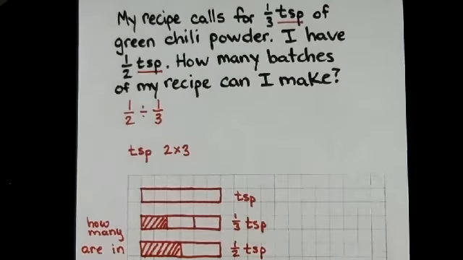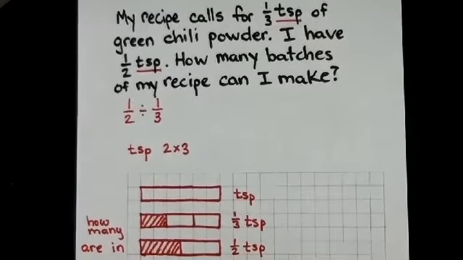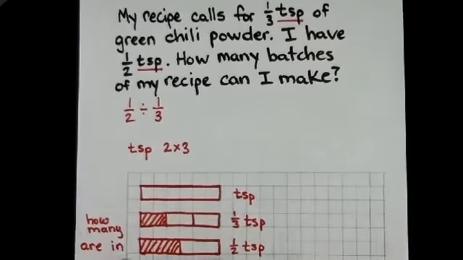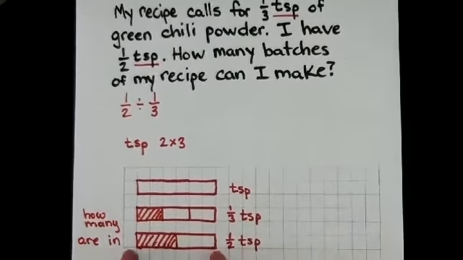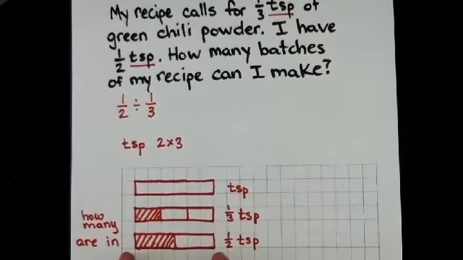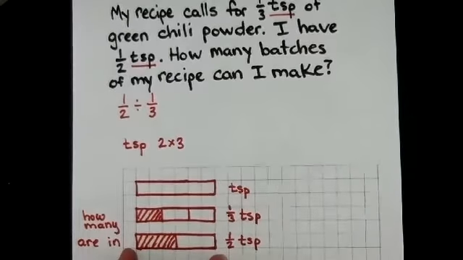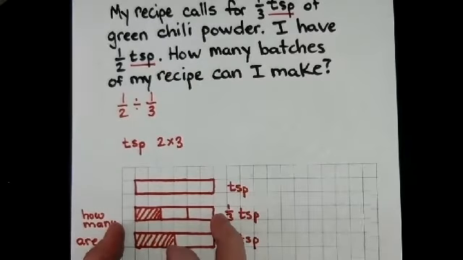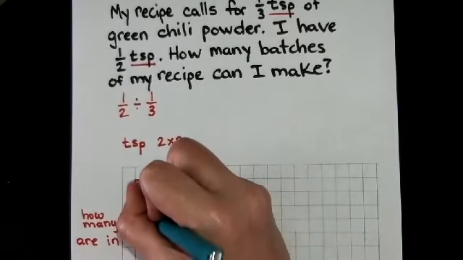Now, to solve this problem, we'll take the fact that the figure in the bottom is cut into 2 pieces. So we'll take each piece of our first quantity and cut that into 2 pieces.